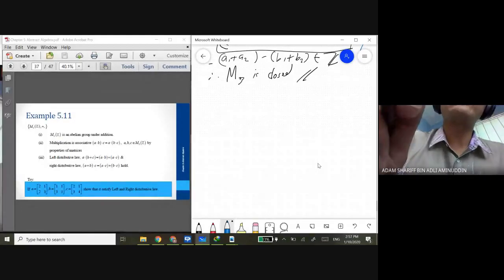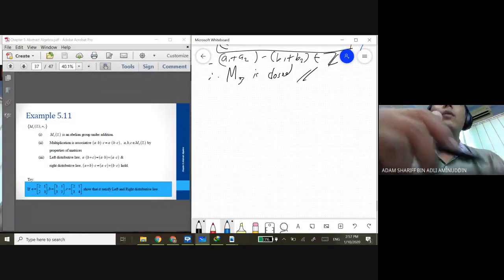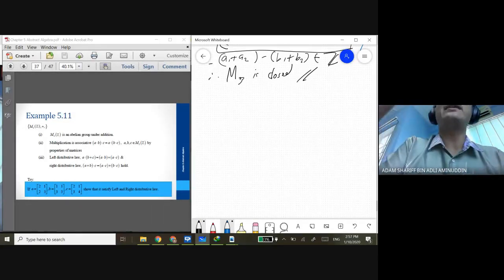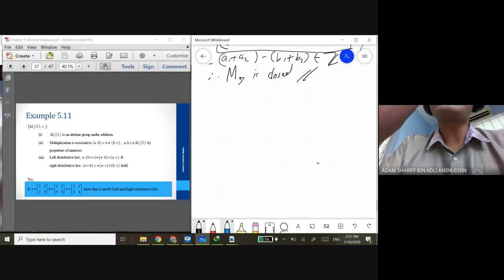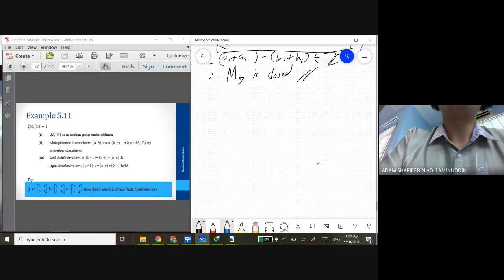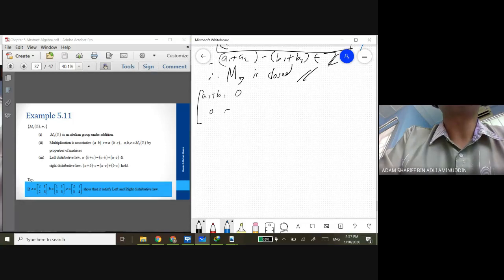For the case of associative, it will be slightly longer, but it's sufficient for me to just show associative. It involves 3 elements. So I need to show like this. A1 plus B1, 0, 0, A1 minus B1 plus A2 plus B2, 0, 0, A2 minus B2.